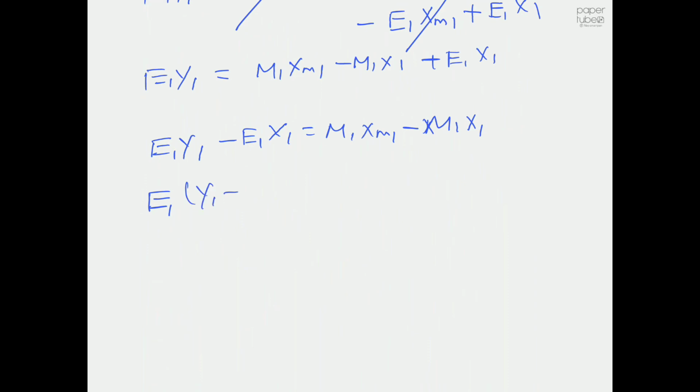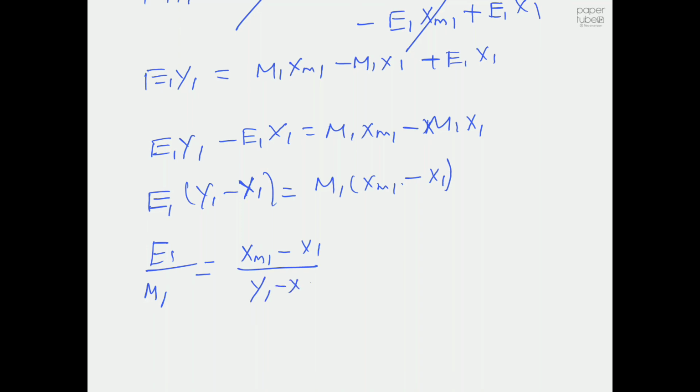Yeah, it's very simple. This is very tricky. This is a very good derivation to be asked in the final exam, but yeah, why not? XM1 minus X1 over Y1 minus X1.